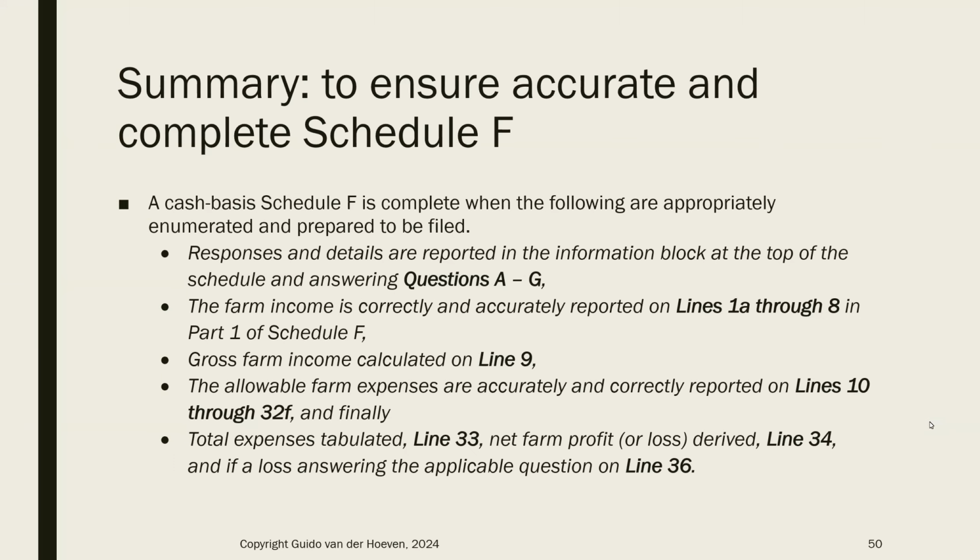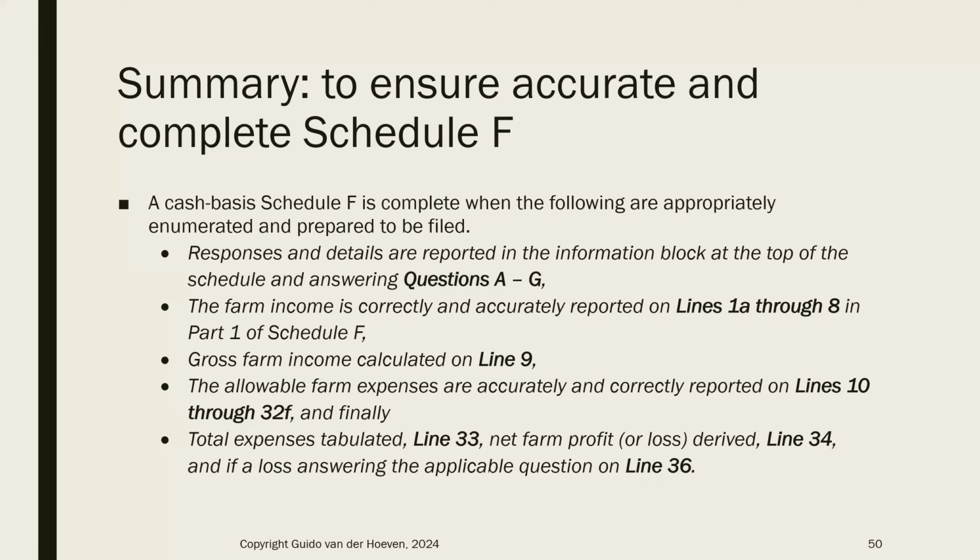So just in summary, what we've just gone through, we've got cash basis Schedule F. We're going to respond to the details in the information block, and we're going to answer the questions A through G, like we talked about on Monday evening. The farm income is going to be correctly and accurately reported on lines 1A through line 8 of Part 1.